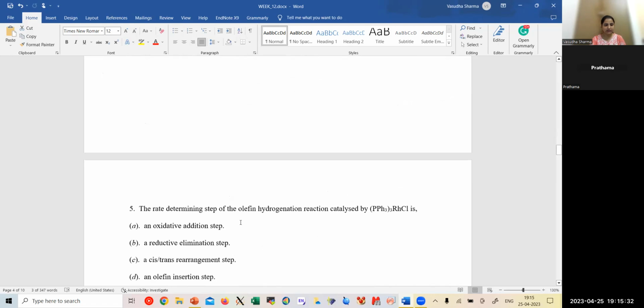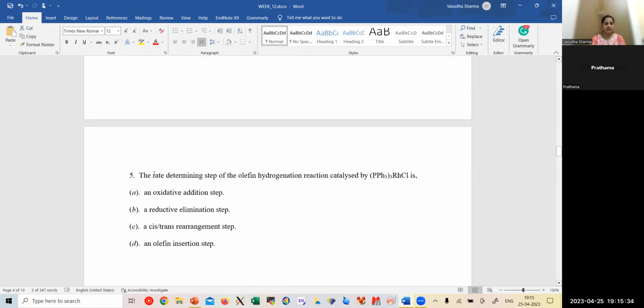Okay. Now we will take up the fifth question. The rate determining step of the olefin hydrogenation reaction catalyzed by this. Now, what is this catalyst? This is Wilkinson catalyst. कैटलिस्ट के ऊपर 4-5 क्वेश्चंस एक साथ आ जाएंगे because it involves a lot of things like mechanism part, the different steps of your mechanism, what substrate you are using, what product you can get.